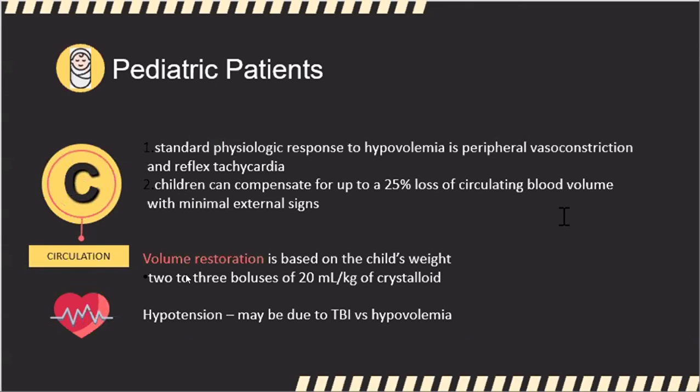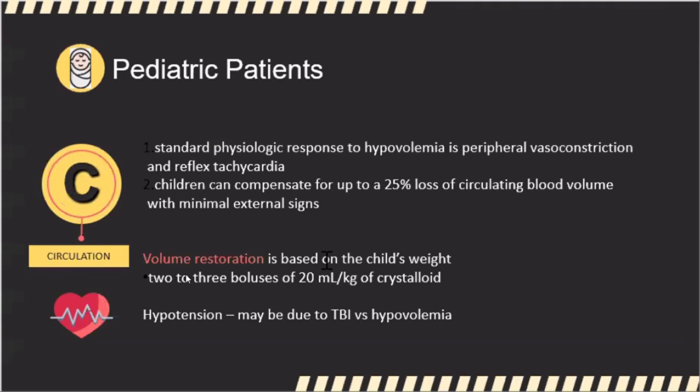So for pediatric populations, kailangan alam yung weight ng patient because diyan yung kino-compute kung ilan yung ibibigay na fluid resuscitation, kasi hindi tayo basta-basta nagbibigay ng fluid boluses, especially for pediatric patients. Okay, so the computation is 20 ml per kilogram of crystalloid.